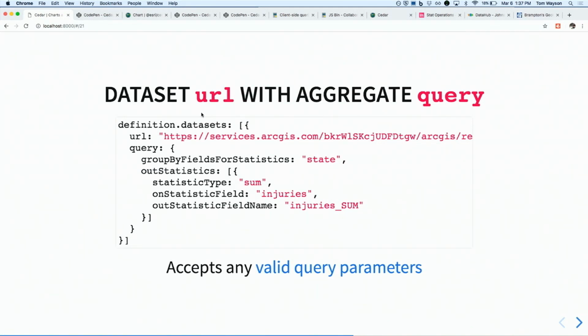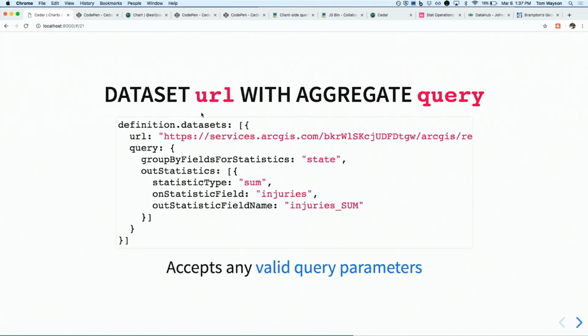Probably the most common use case for Cedar, and the most common way it has been used in the past, or until recently, has been to aggregate. You've got features on a map, but the features that you're seeing on the map at that moment might not represent the whole data set, or really the visualization that you want to do for those features is not just showing each individual record.